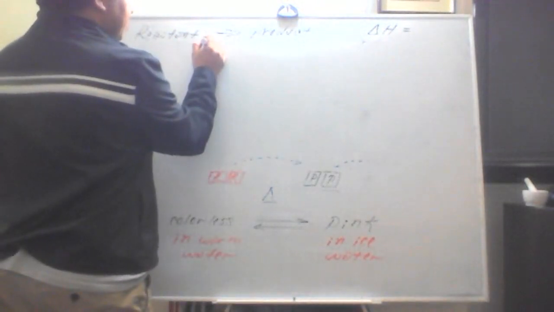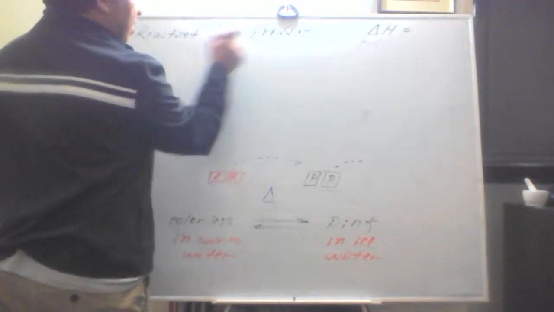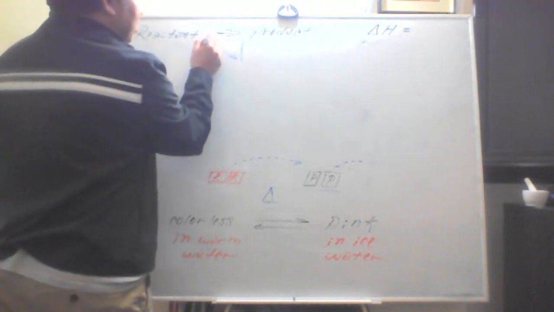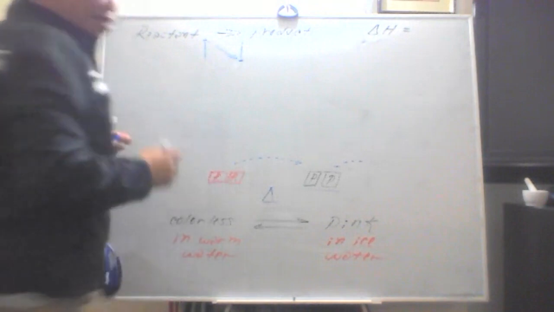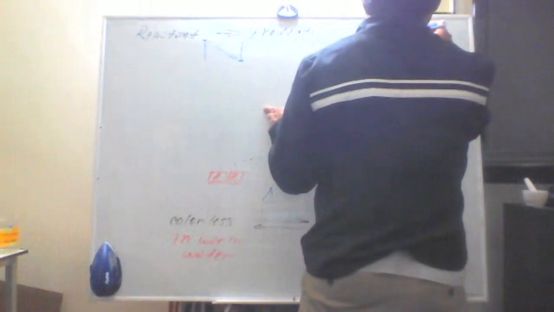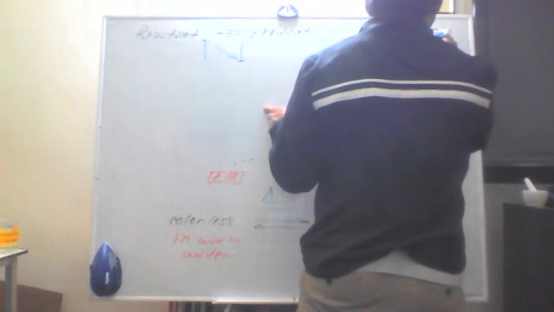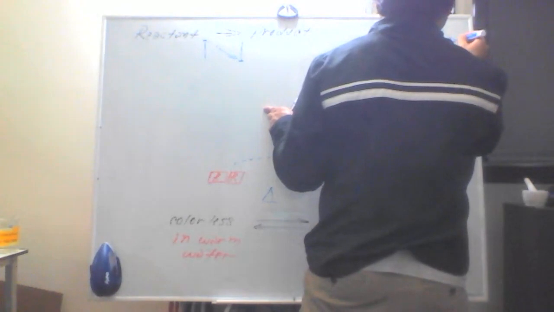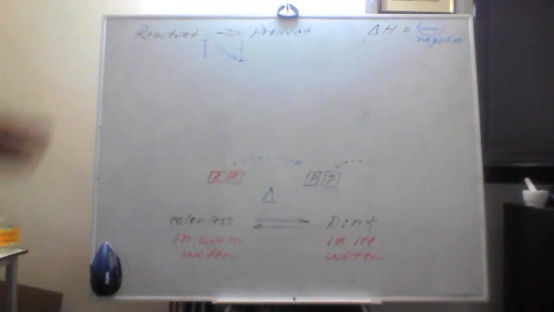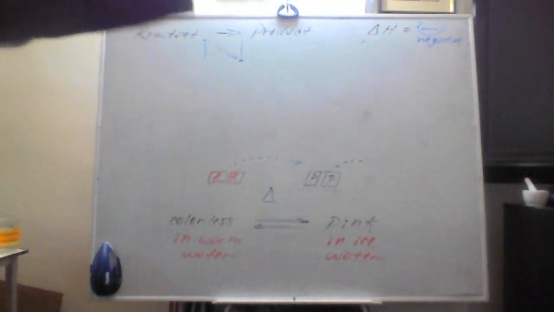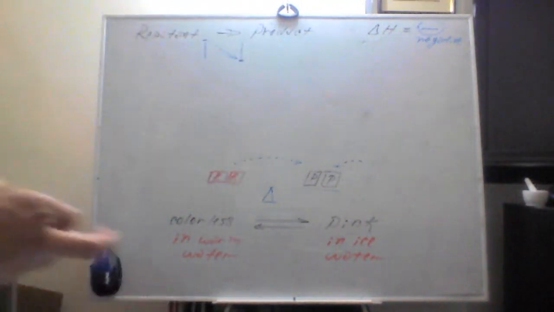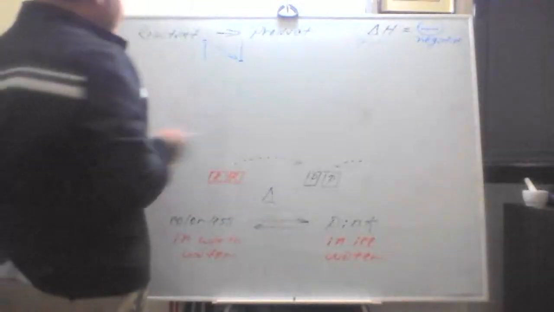It goes from here to there. So if you have this type of change, meaning that you started up here and then you end up here in terms of energy content, what you have is the negative enthalpy. So when you have a negative enthalpy, what you are saying is that energy is a product.